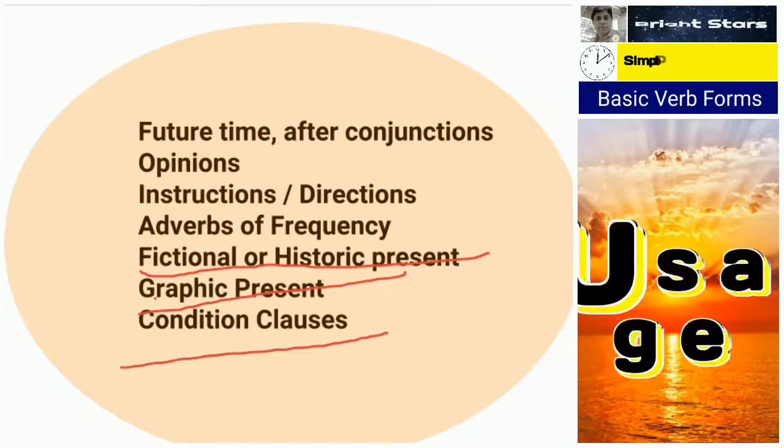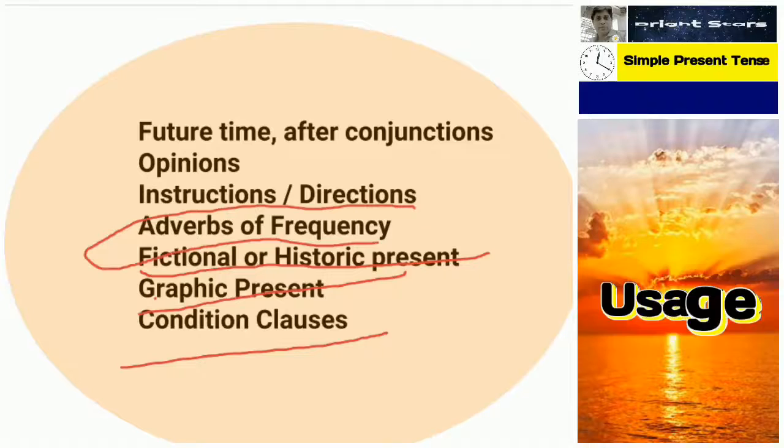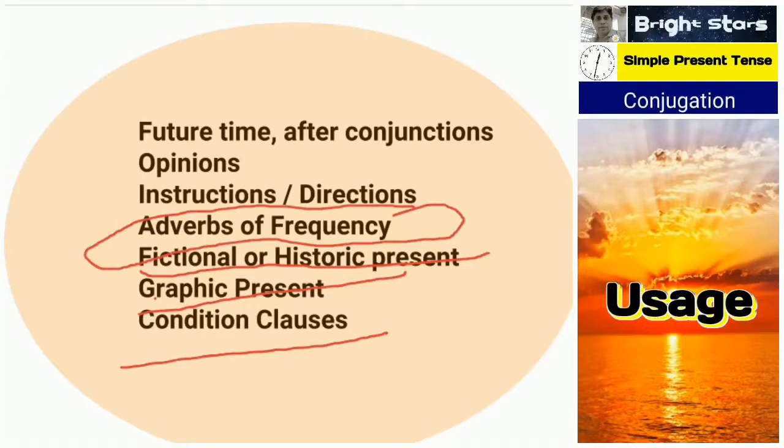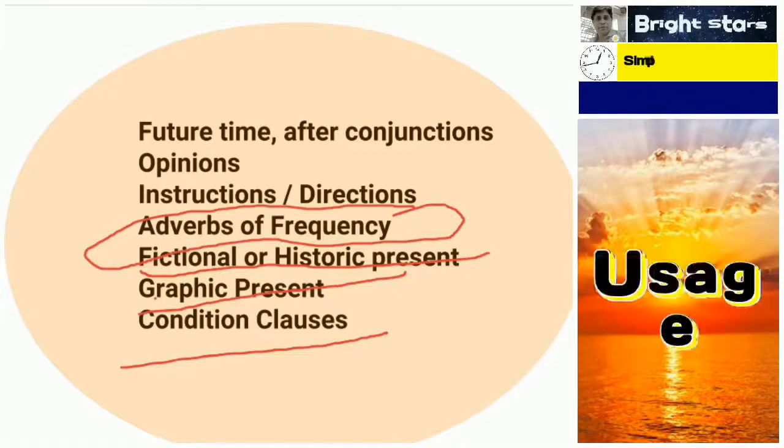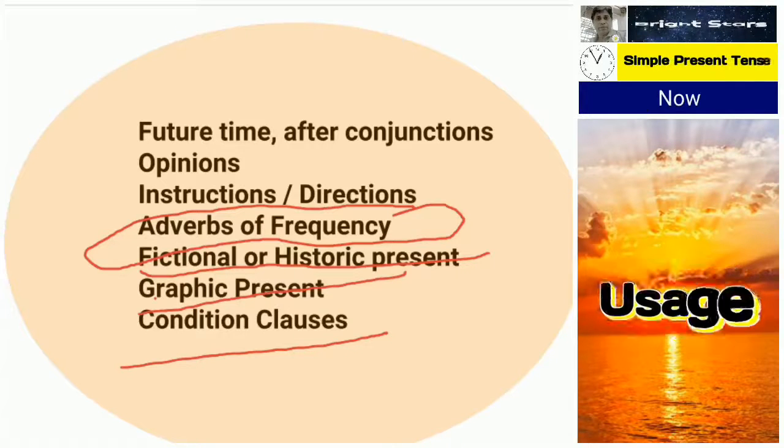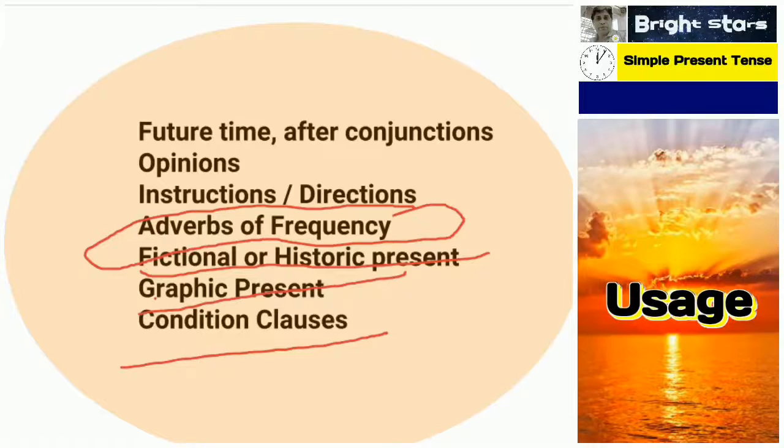Most important are adverbs of frequency. In exams also, if you find adverbs of frequency and there is a need for correction of verbs, you can directly convert them into the simple present tense.